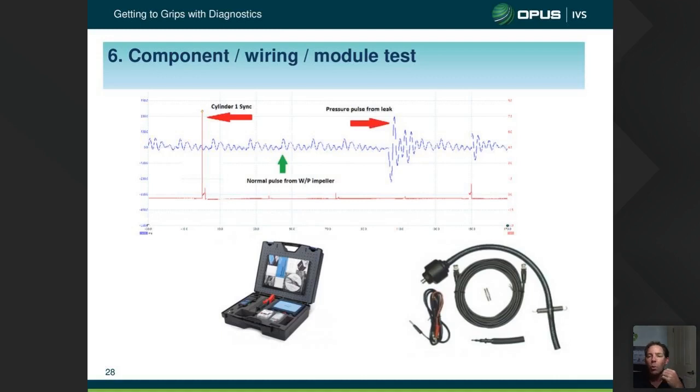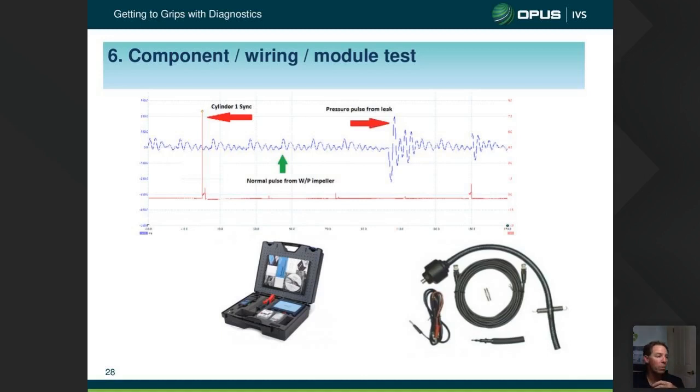And we could pinpoint that this cylinder head gasket had a pressure leak into cylinder number 5, because their cylinder pressure went up quite dramatically. Not enough to cause overheating at that point, but it was definitely starting to leak, and we found it.